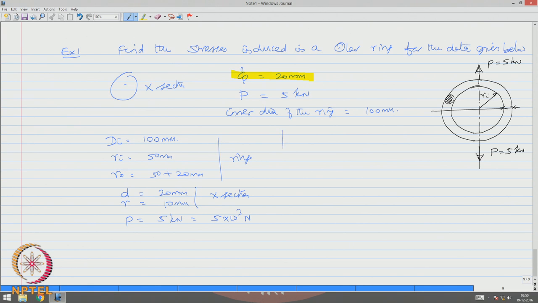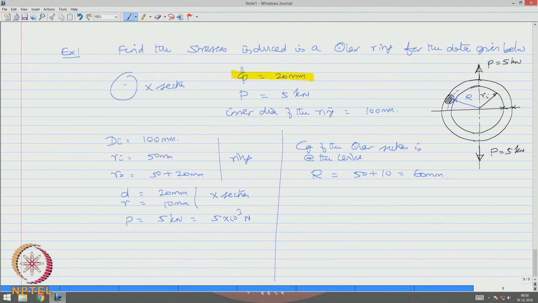We all know that the CG of the circular section is at the center. Therefore, R will be now 50 plus 10, which is 60 millimeter. So, I can mark R which is 60 millimeter.